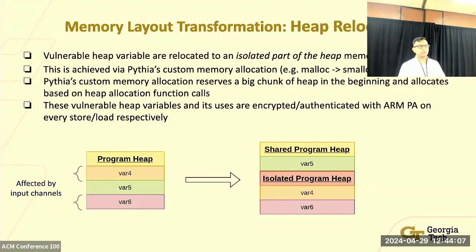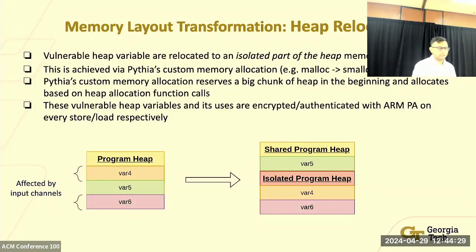Basically, for any variable affected by input channels, we allocate a big chunk of memory ourselves. We analyze this beforehand, and then allocate those variables in that isolated part. If you're not affected by input channels, you can use the shared memory locations. And anything in the isolated part needs encryption and decryption, because those variables can still overflow into each other.